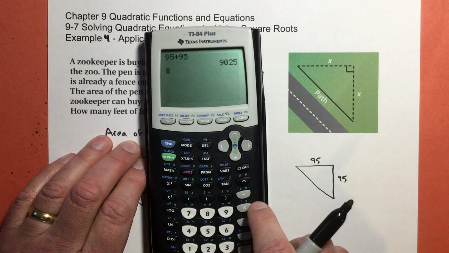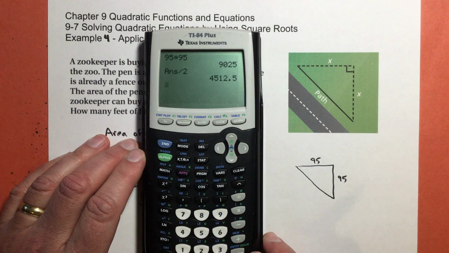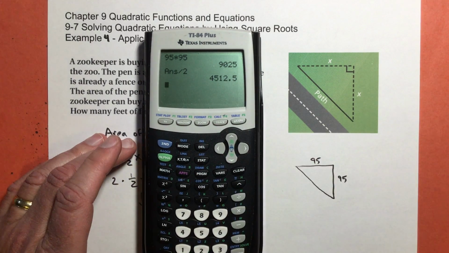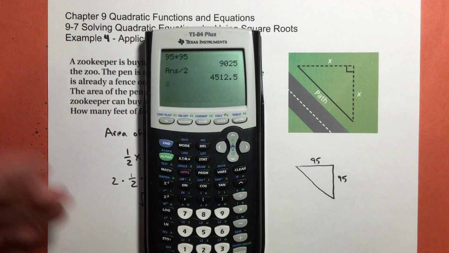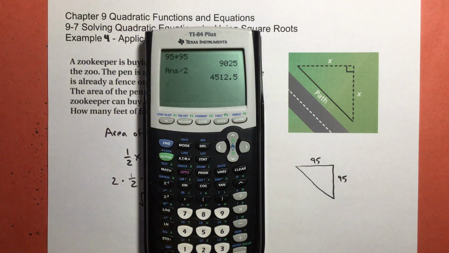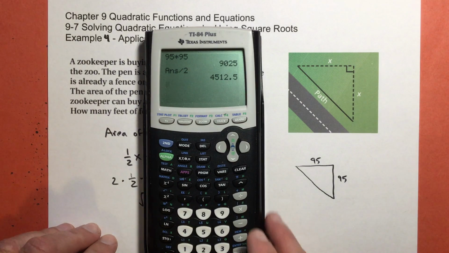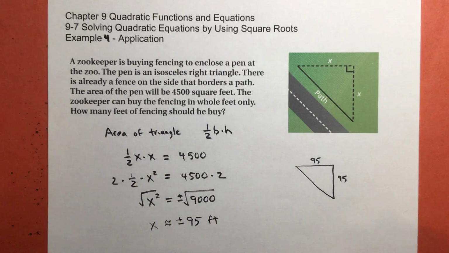And then I'm going to divide that by 2 because it's 1/2 base times height. I'm going to have an extra 12.5 square feet if I do that. But that's okay. It's not smaller. I probably want to round up. There's probably some sort of limit for how much I can use, whatever the critter is that I have in there. Okay, so that works.